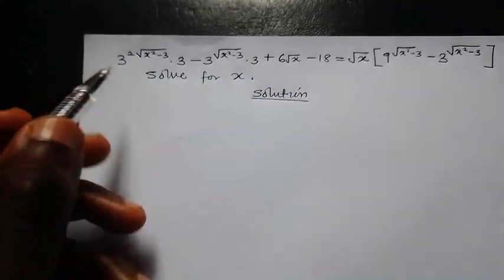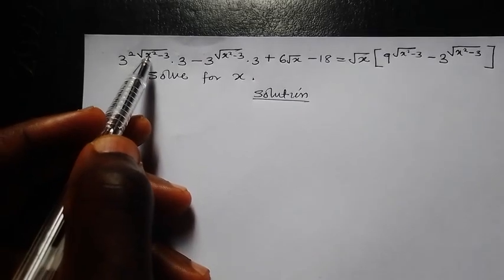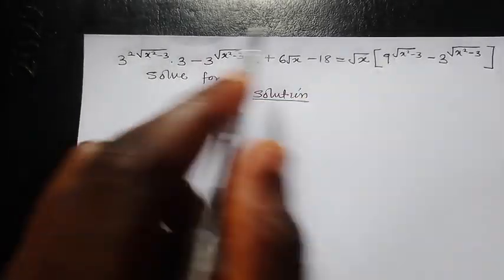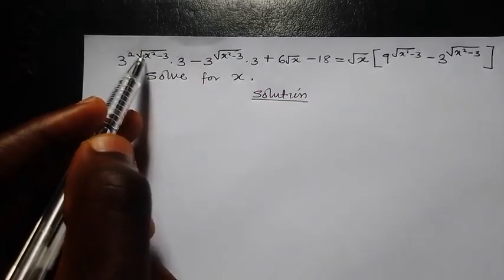Okay, now observe that each of these terms has x squared minus 3 to the power of 3, square root of x squared minus 3 to the power of 3.